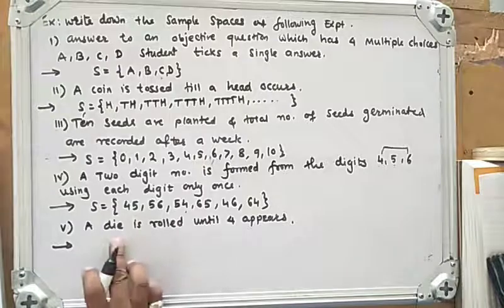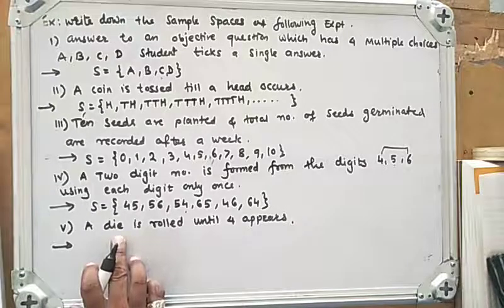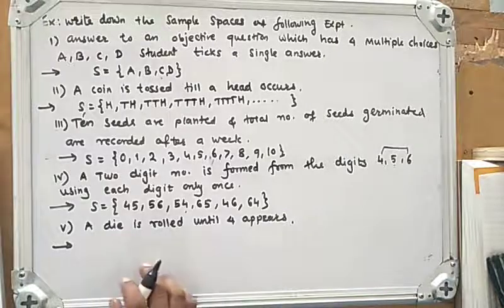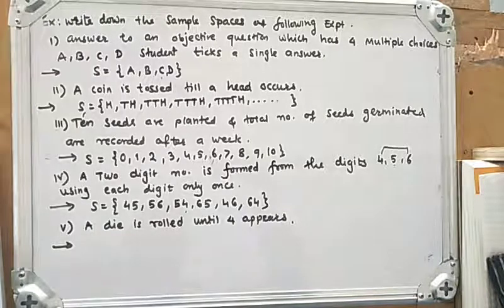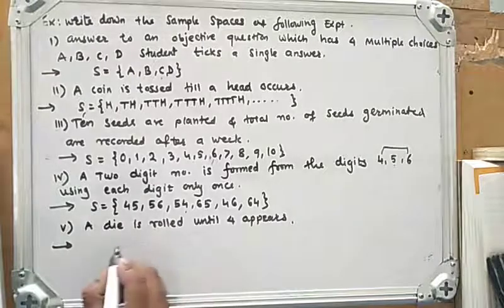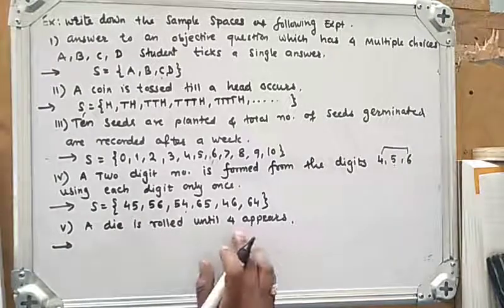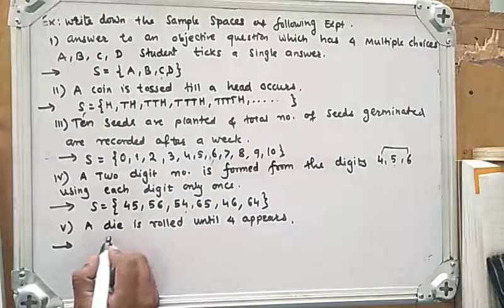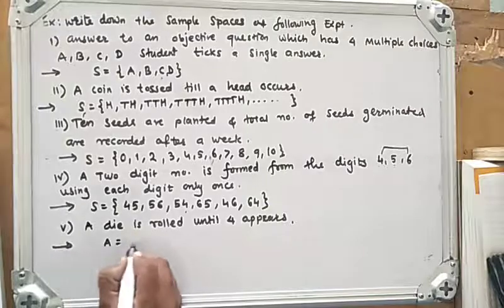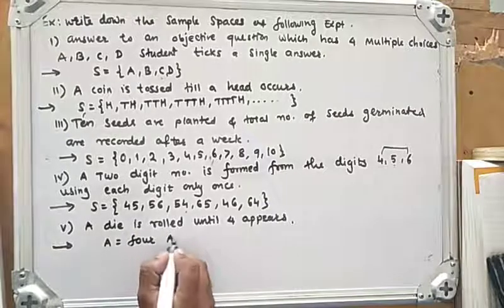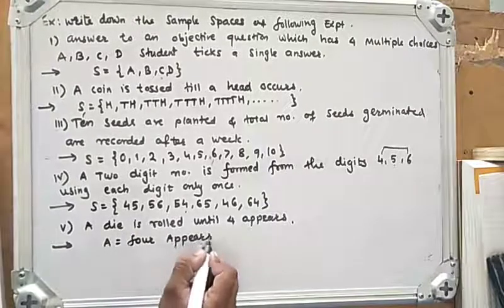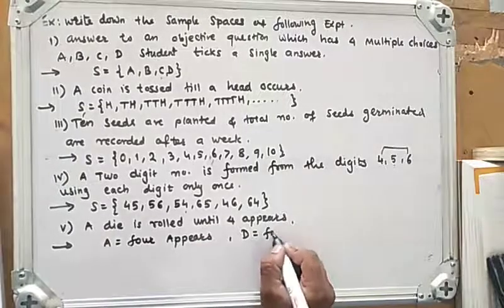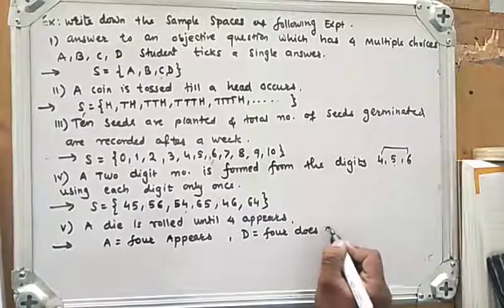If I roll the die, then 4 appears. So let's see the sample space. Now I take A as 4 appears, and D as 4 does not appear.